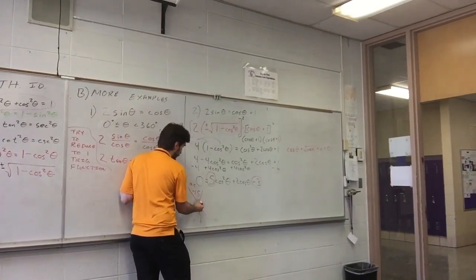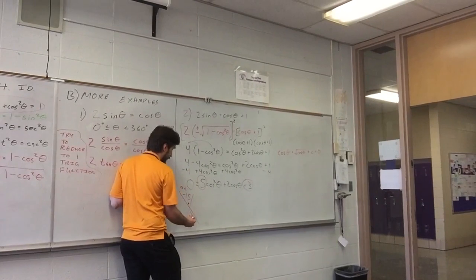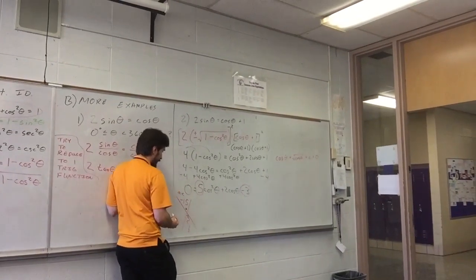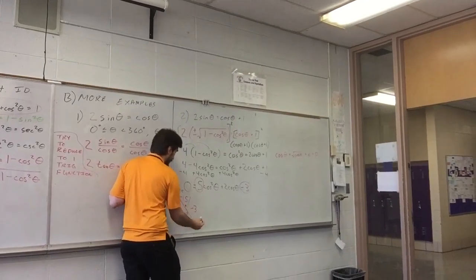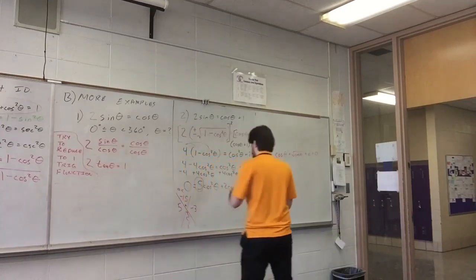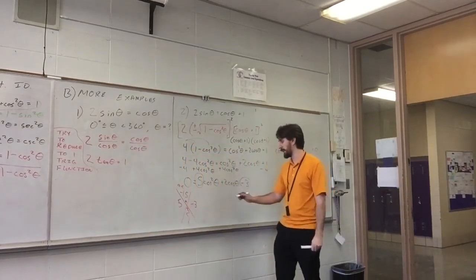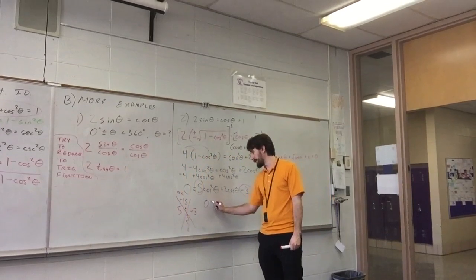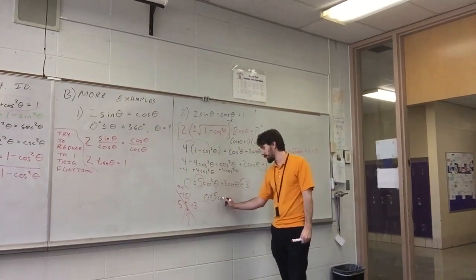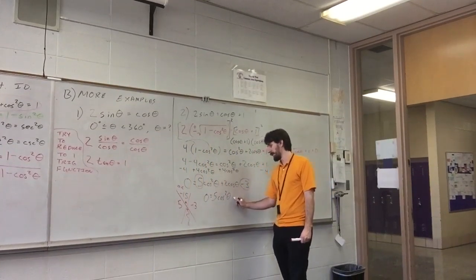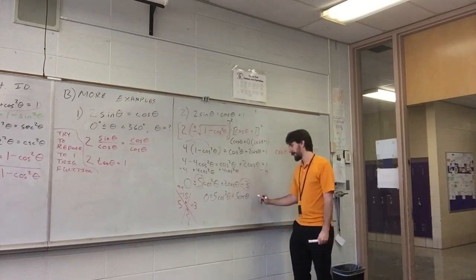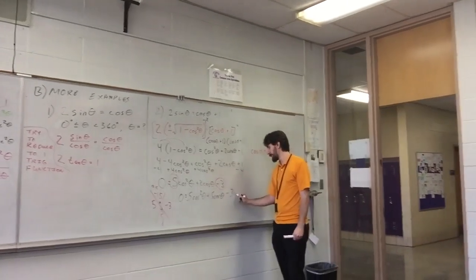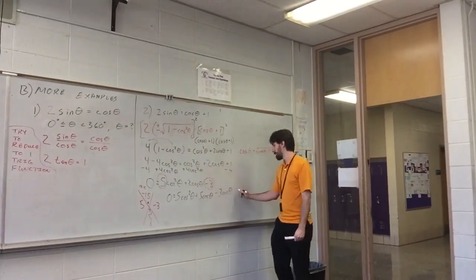What are two numbers that multiply to be negative 15 but add to be 2? 5 and negative 3. So then this becomes 0 is equal to 5 cosine squared plus 5 cosine theta minus 3 cosine theta minus 3.